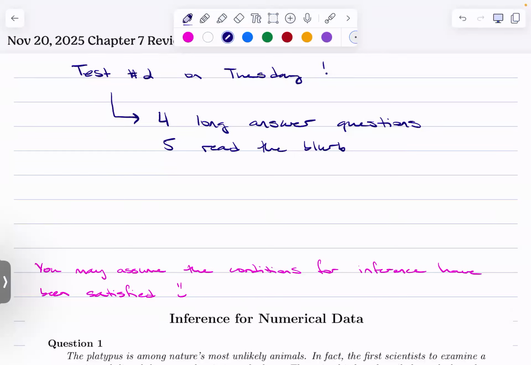So that's why I'll call it a blurb. 5, read the blurbs and say what type of question it is. Just 1 mark each.